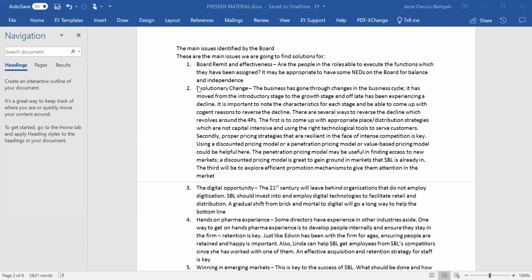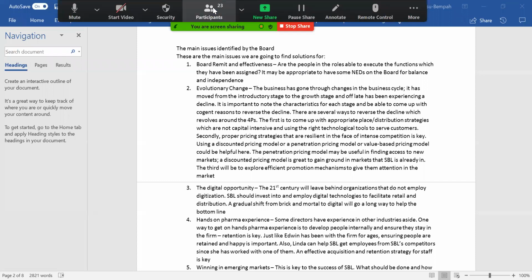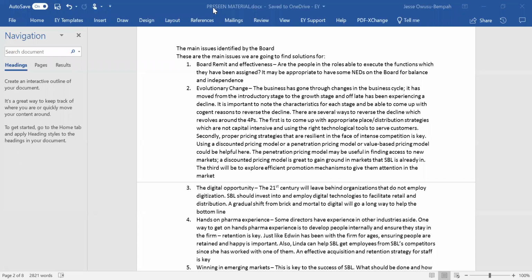Now, when you move on to evolutionary change, I don't know if someone else has something to add. But we realize that this company has gone through a lot of phases or cycles, right? So where do they have to undergo evolutionary change?